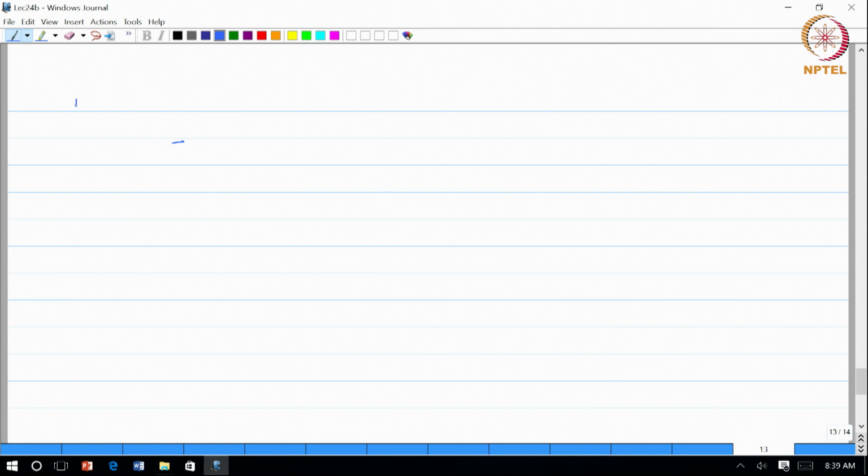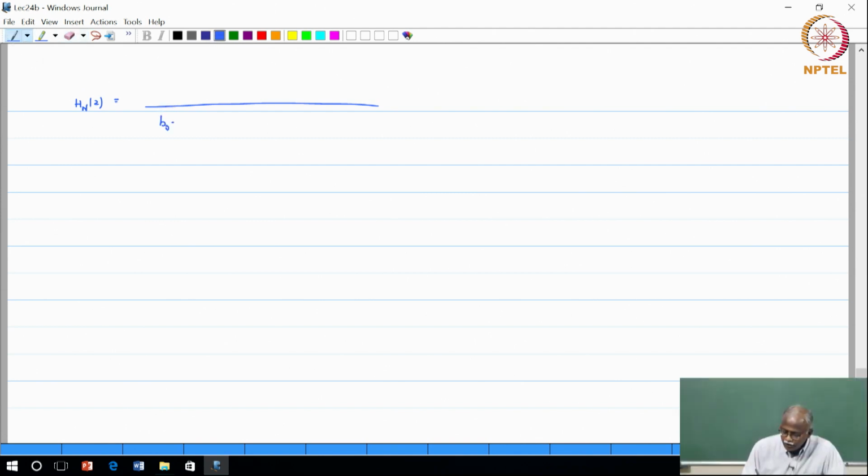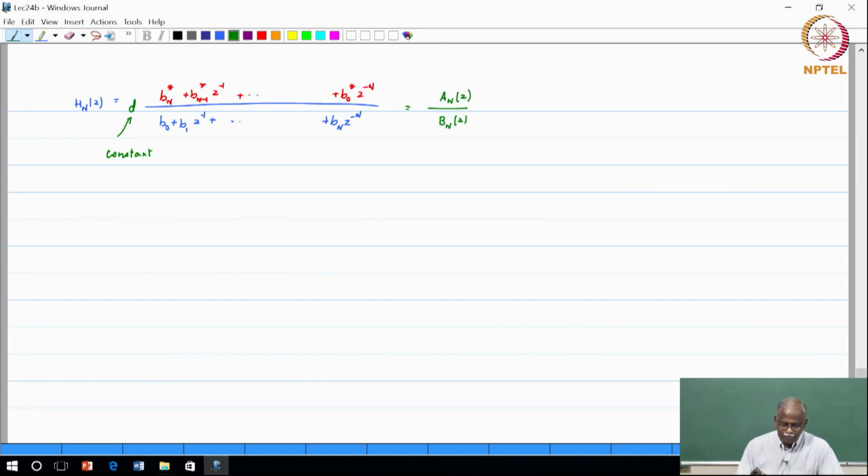So in the general case, Hn of z, an nth order all pass, would be written as b naught plus b1 z inverse dot dot dot plus bn z power minus n in the denominator. Numerator will be bn star plus bn minus 1 star and so on. So the general form of all pass function, we write it in this form, and then we would like to analyze this.